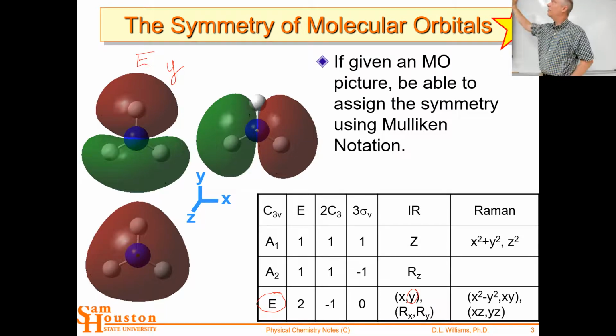So let's do the same thing with the one on the right. We stand at that nitrogen, we look in the positive X direction, and we see a big red cloud. Okay? We look in the negative X, and we see a green cloud. And so that's changed in the X direction. We look at positive Y, we see red on this side and green on this side.